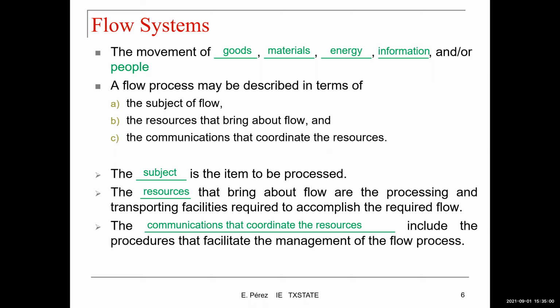People in the sense that, for example, if you're dealing with a healthcare system or an airport, that's the product, so you want to bring a service to that person. The resources that bring about flow are the processing and transporting facilities required to accomplish the required flow. And the communications that coordinate the resources include the procedures that facilitate the management of the flow process. Again, we have the subject, the resources, and the communications that coordinate the resources.